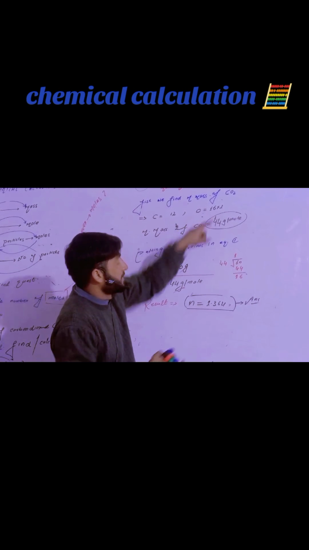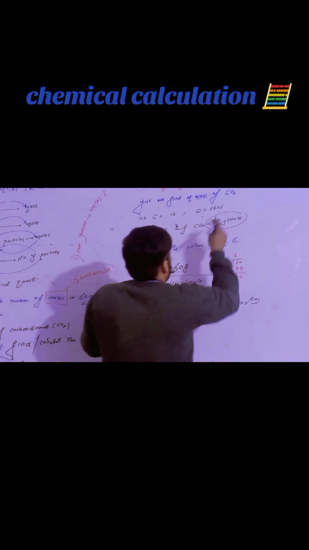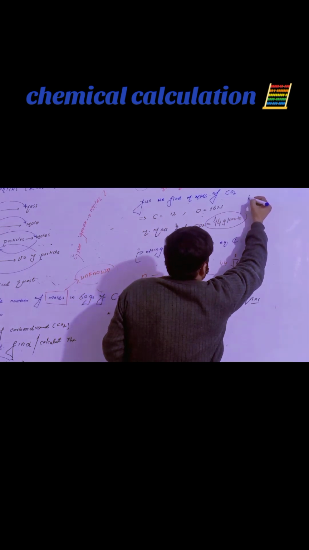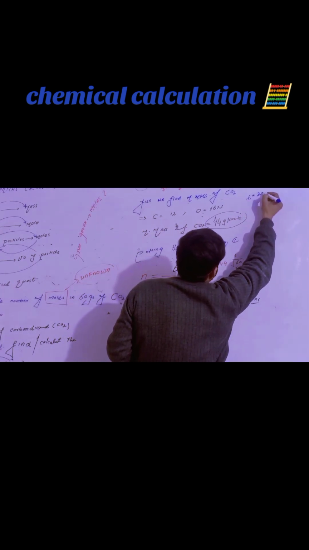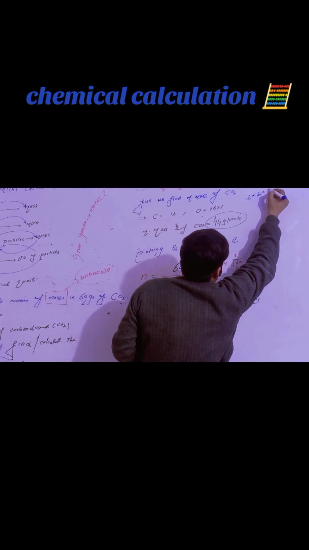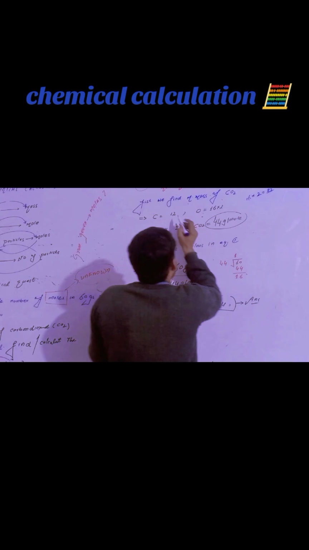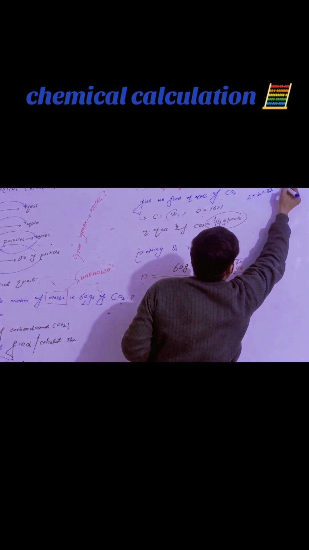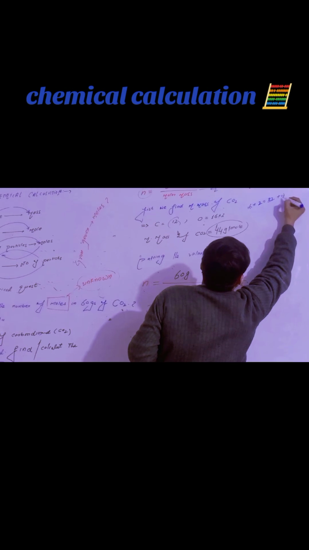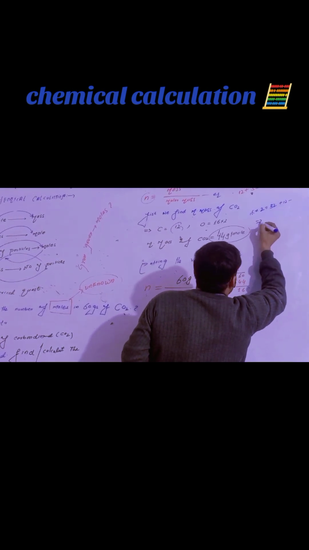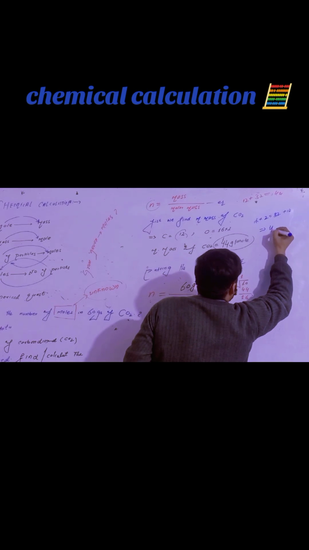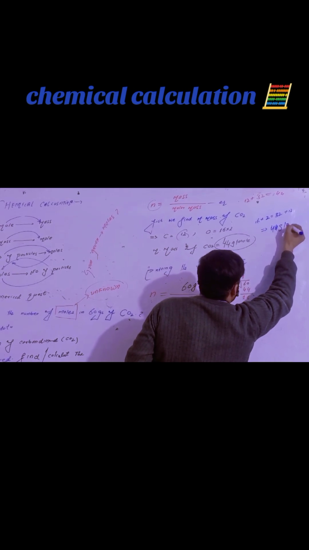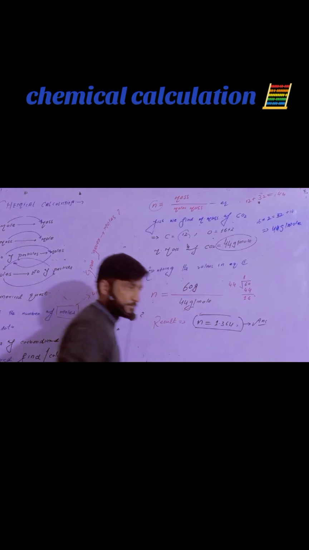We have two oxygens, so 16 multiplied by 2 becomes 32. Then add this 12 to 32, and it becomes 44 grams per mole.